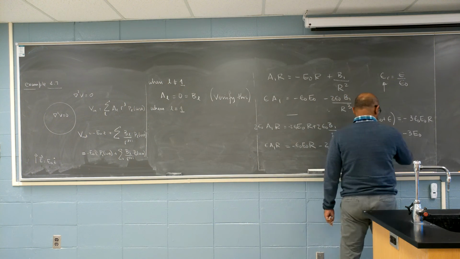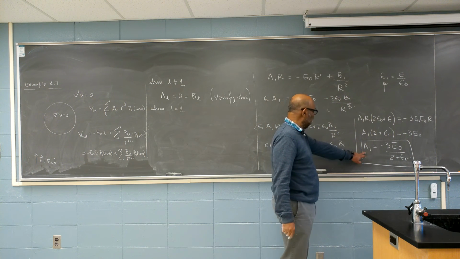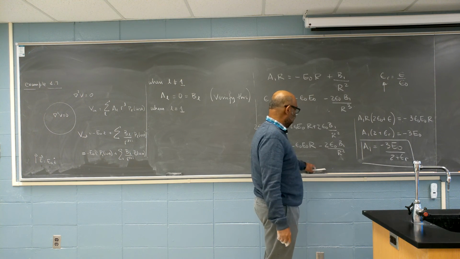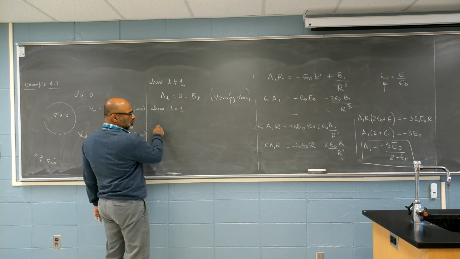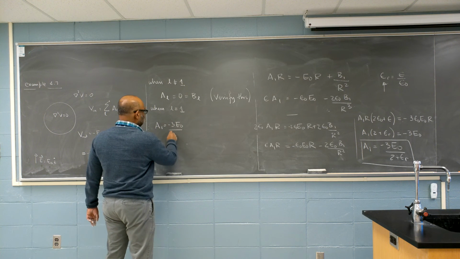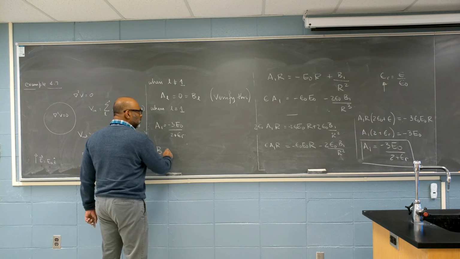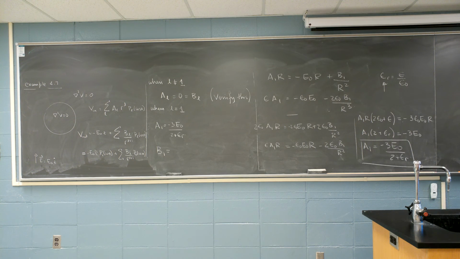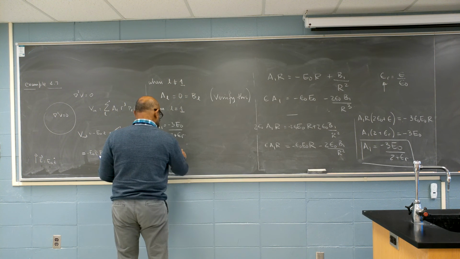And then once we get A1, life is easy. We can go solve for B1. Before I erase, I'm not going to worry so much about minus 3 E0 over 2 plus the dielectric constant. You can go back and put in B1. With interest in time, it turns out to be ER.